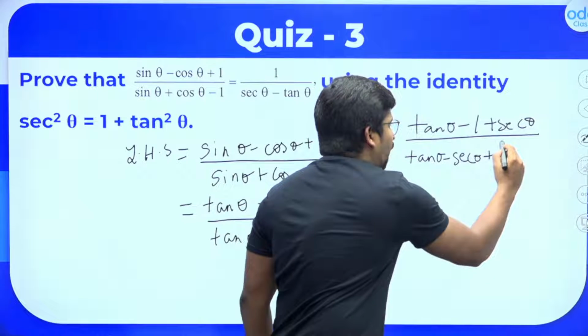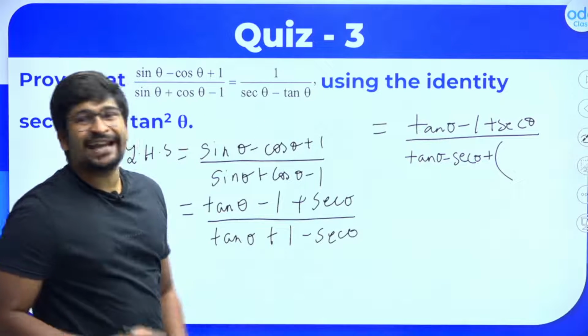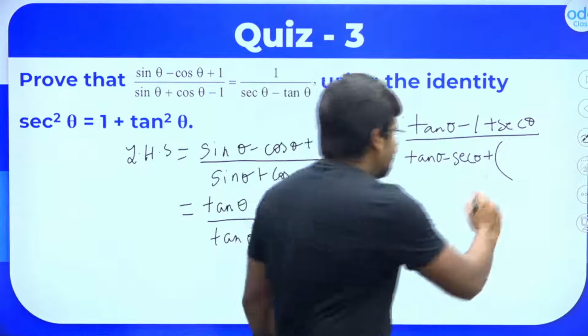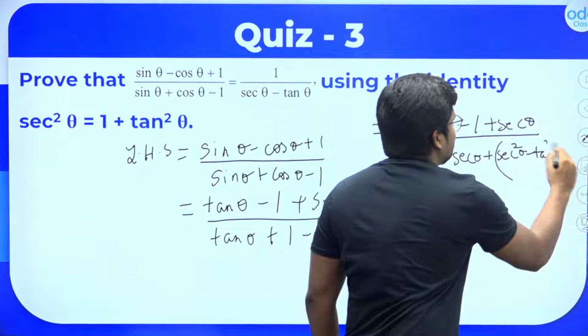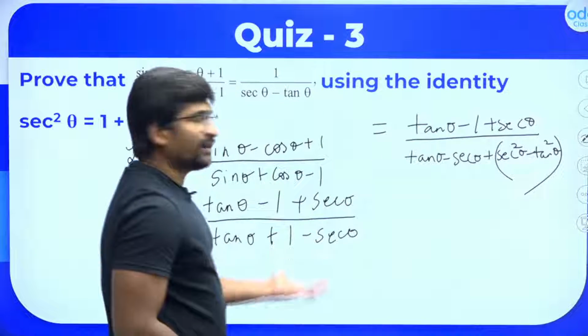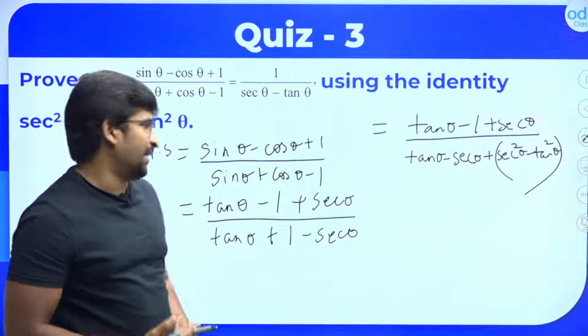Can I write this 1 as sec square theta minus tan square theta? Fairly you can write it. Correct?